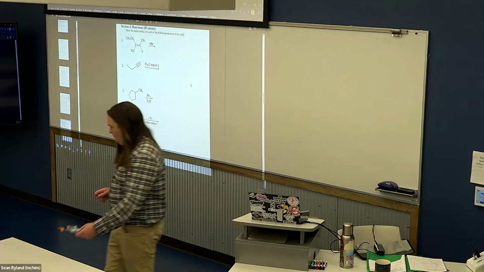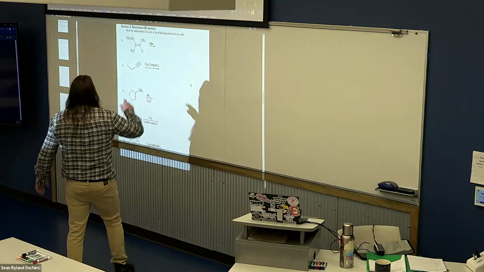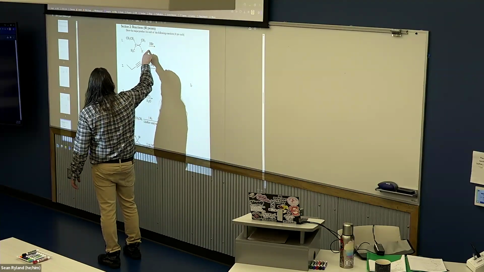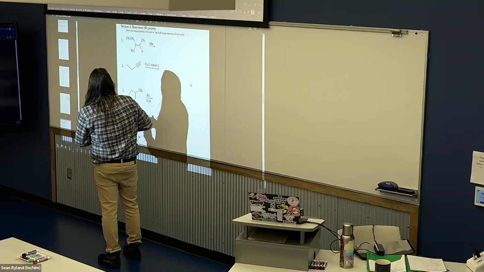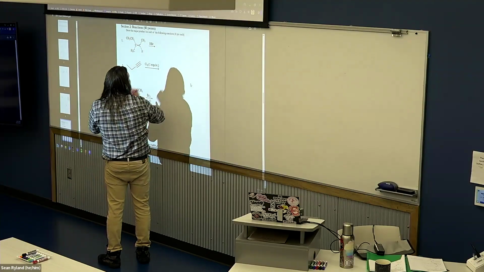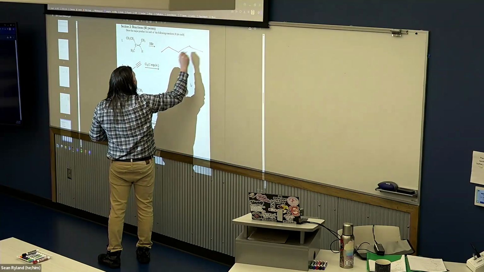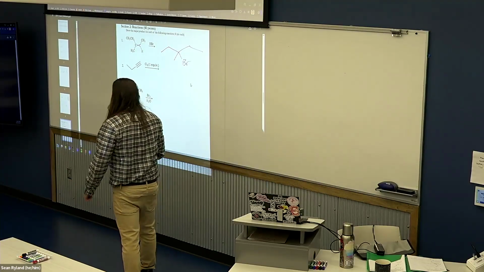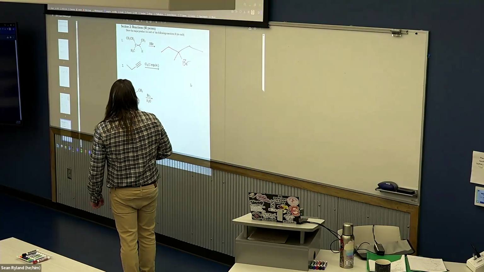All right. Alkene, HBr, acid catalyzed hydrogenation, Markovnikov. So we're getting 1, 2, 3, 4, 5. Plus enantiomer.